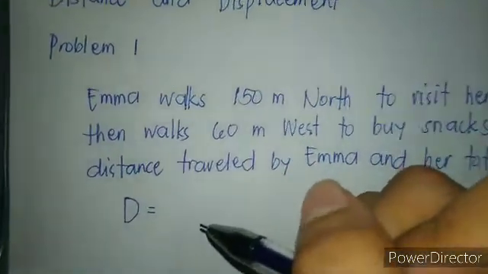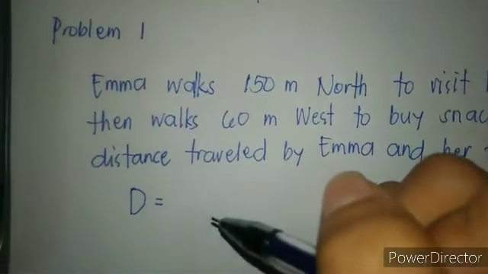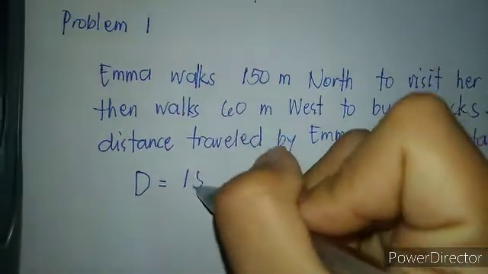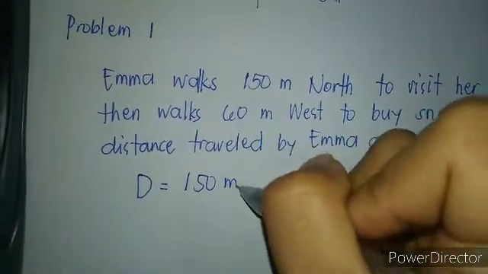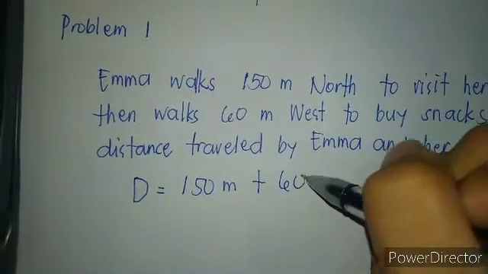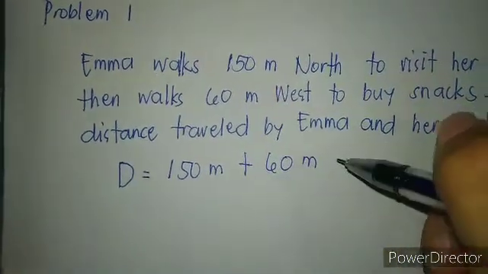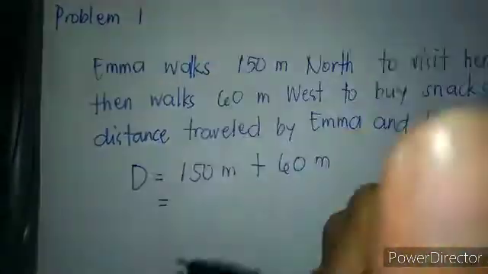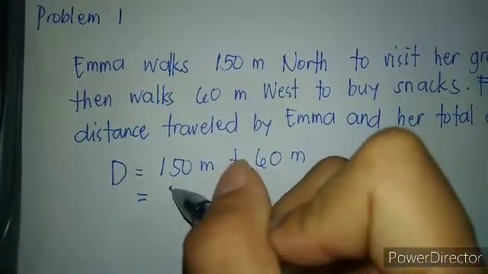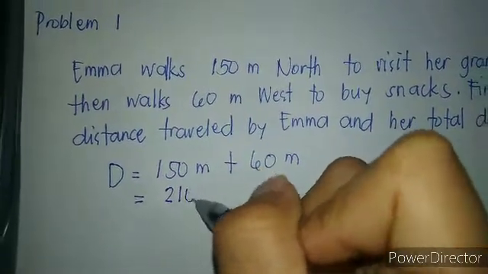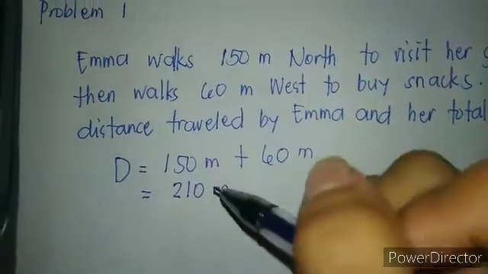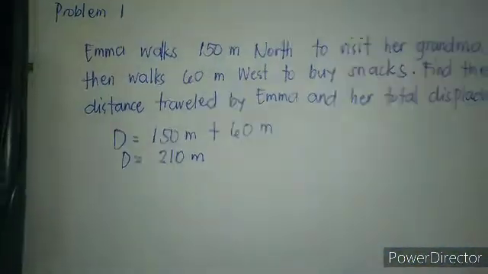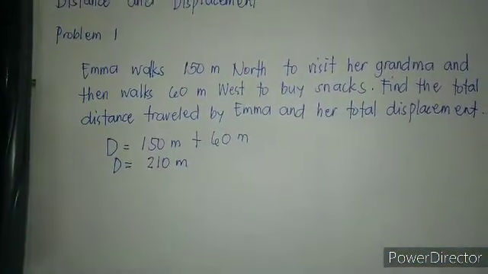So let's just add 150 meters plus 60 meters. So that's equal to 210 meters. So that's the distance traveled by Emma.